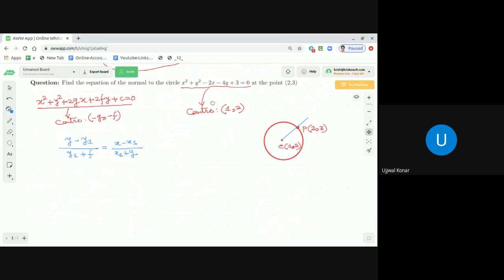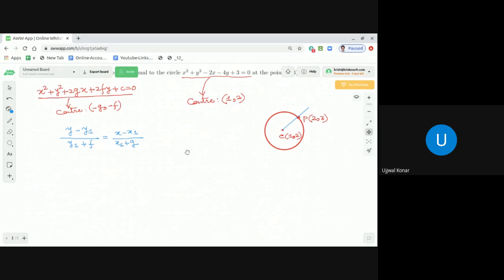If you remember this formula, you can do it. Otherwise, you can find it as y minus y1, that is y minus 3, equal to m into x minus 2. In that way also you can find it.